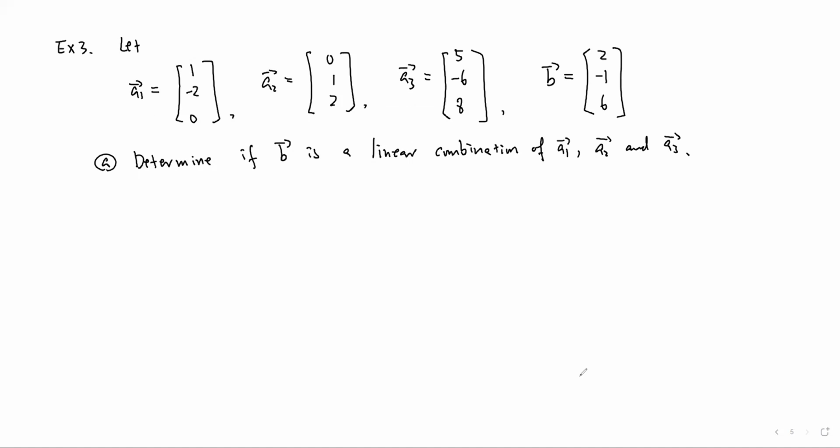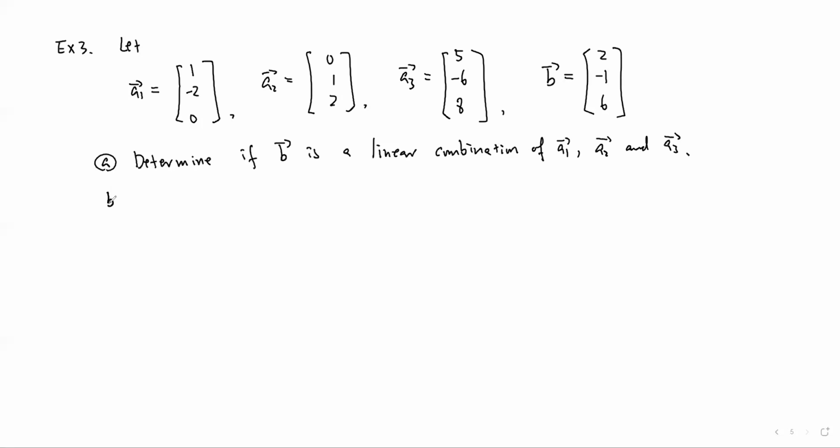Now this time, it is not easy to see that, unlike the previous example. In the previous example, we only had 3 vectors. Now we have 4 vectors. It is difficult to see whether or not b is a linear combination of a1, a2, a3.